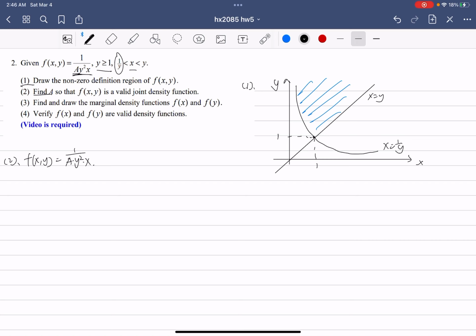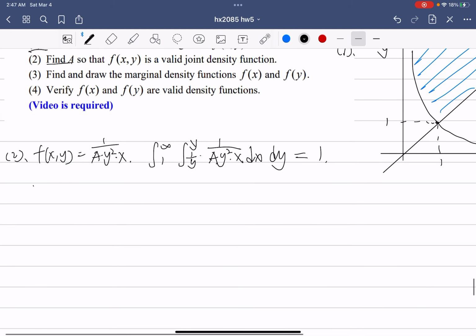To make sure it's a valid joint density function, we need to make sure that the integral from 1 to infinity, then the integral from 1 divided by y to y, this is the range of x, of a y squared times x dx dy equals 1.